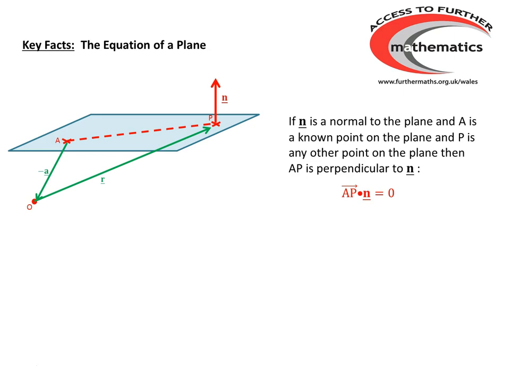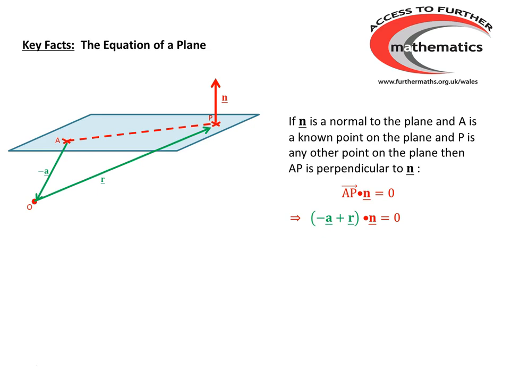That's the negative of the position vector of A. Having gone from A to O, we then need to go from O to P. If we call little r the position vector of this general point P, then O to P is little r. So we know that AP is the same thing as minus a plus r.